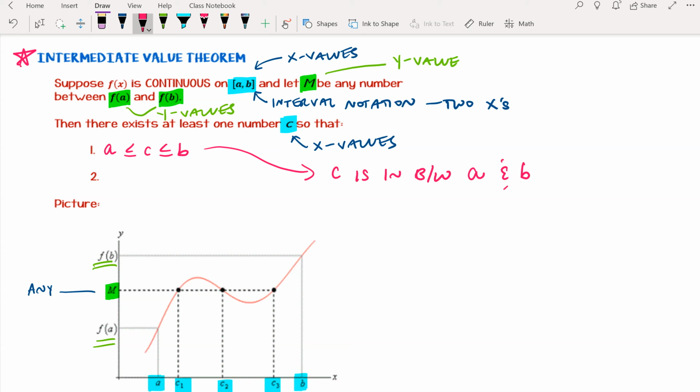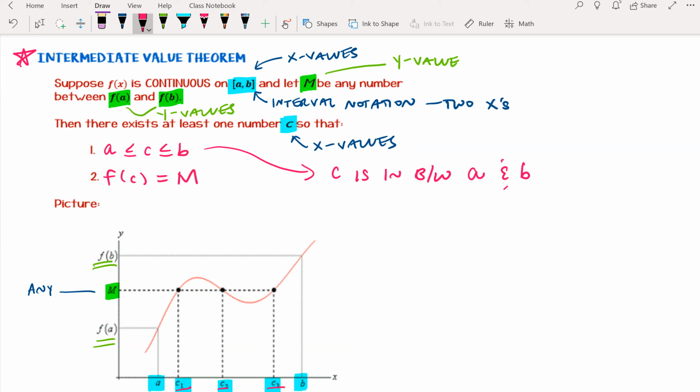That's how you write that in math language. See how c is in the middle right here? c is sitting in the middle. So c is in between a and b. All right, let's look at our graph. Are these c's in between a and b? Yes, they are. Okay, cool. So there's at least one c, so that c is in between a and b. And number 2, f of c equals m.